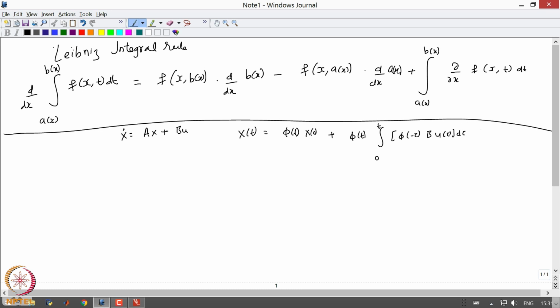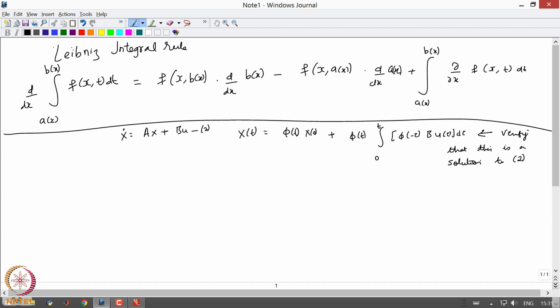Let me call this equation number 2. Now the question is to verify that this is a solution to the differential equation labeled as 2.